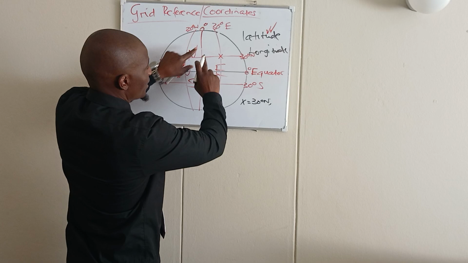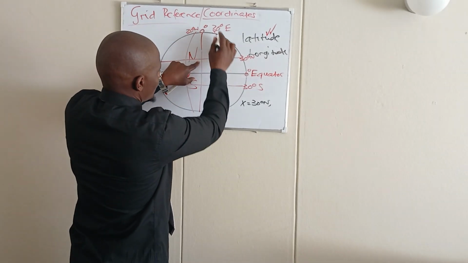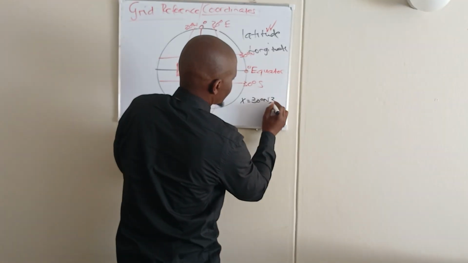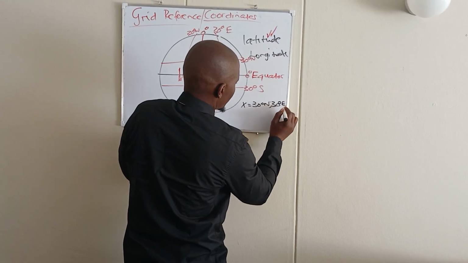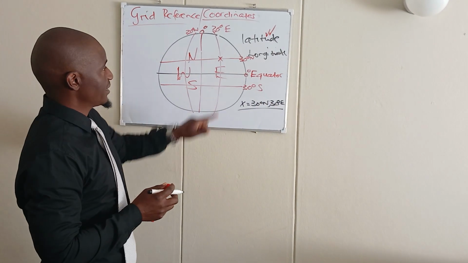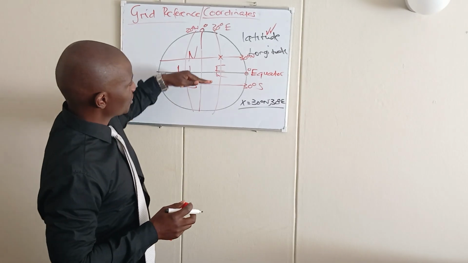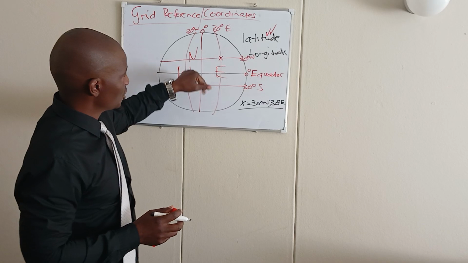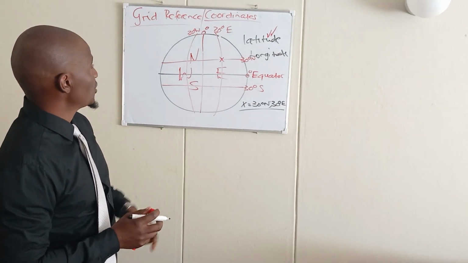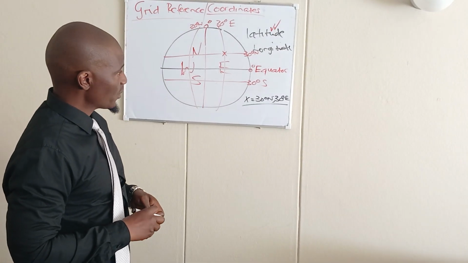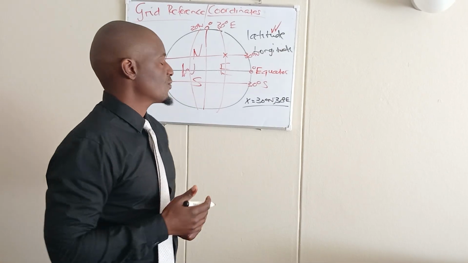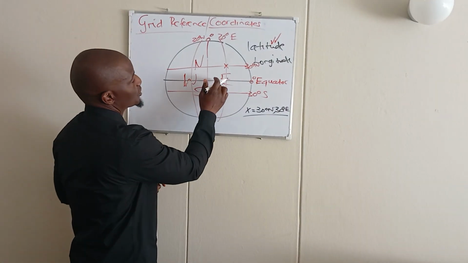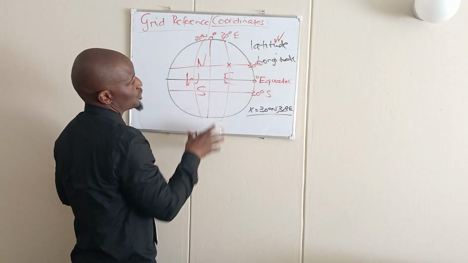You look at going towards the east, you have it at 30 degrees east. So these are the coordinates of place X in relation to its position to the equator, which is at 0 degrees latitude, and its position to the Greenwich meridian, which is at 0 degrees longitude. So whenever you are asked to find the coordinates of a place, you find it in relation to its position to the equator and also its position to the Greenwich meridian.